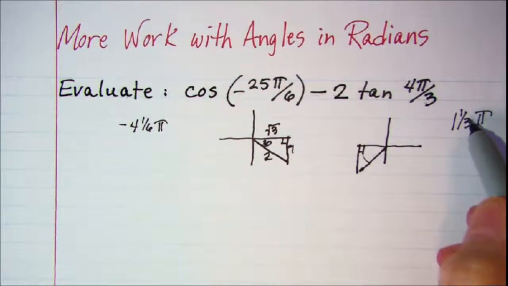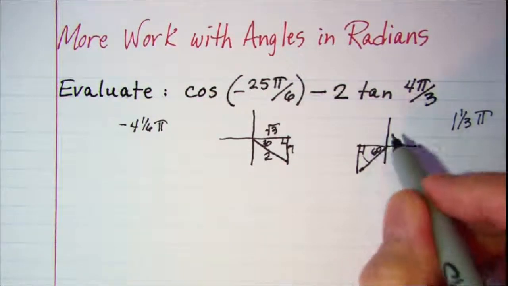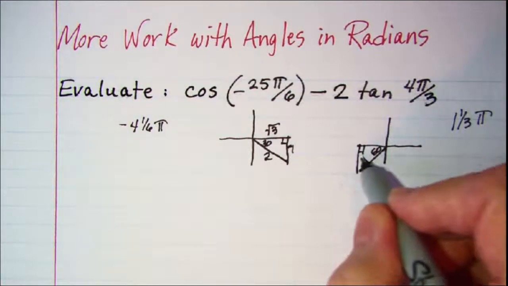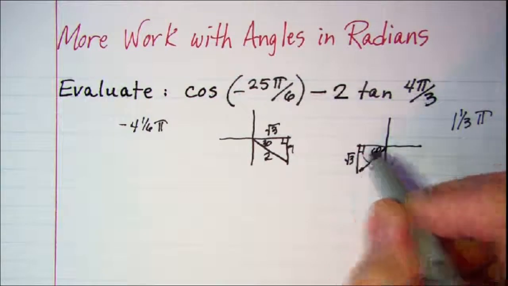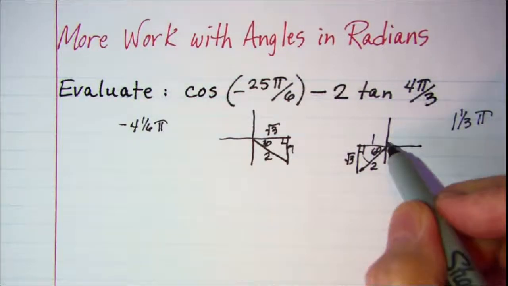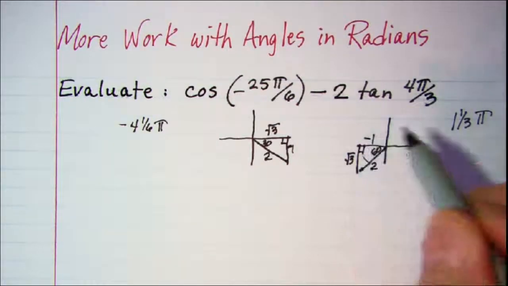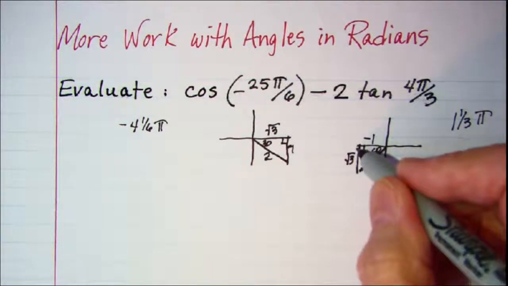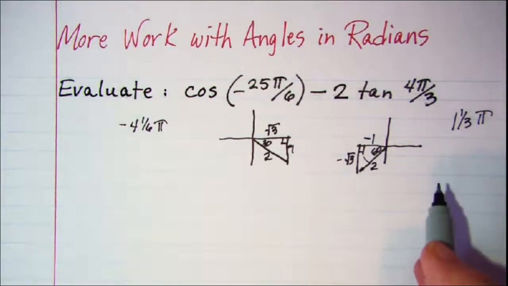Pi over 3 is the same as 60 degrees, so my reference angle is 60. My side opposite that, if the hypotenuse is 2, would be a root 3, and the side adjacent would be a 1. Now since this is to the left of the y-axis, it's going to be a negative. And since this is down below the x-axis, it'll be a negative as well.